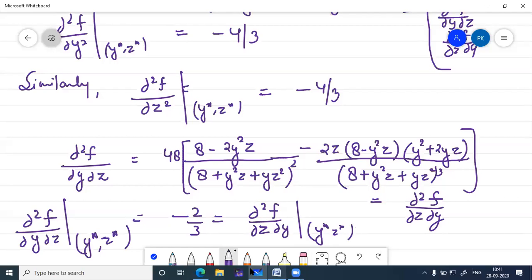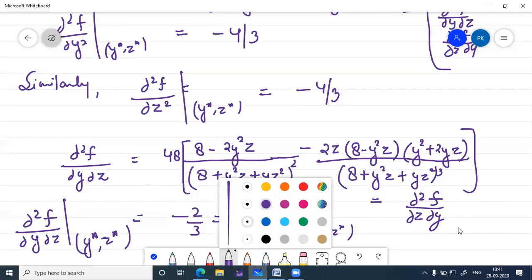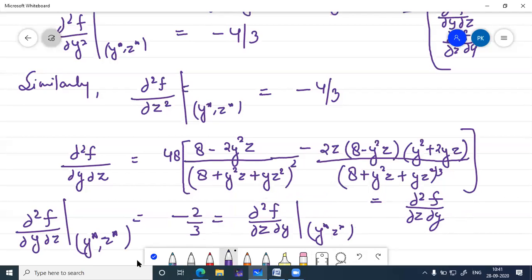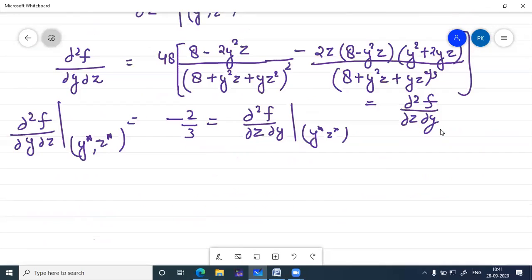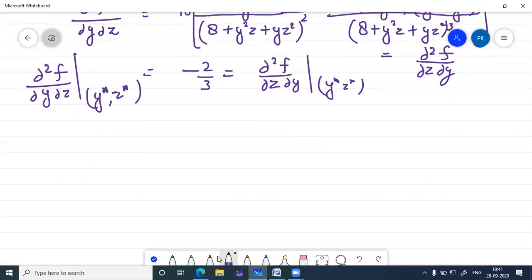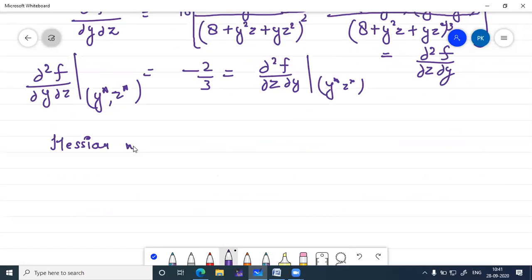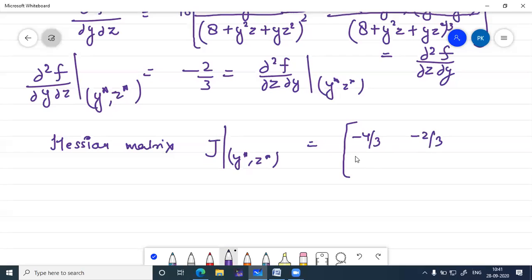Now the Hessian matrix, denoted by J, at y star z star is equal to minus 4/3, minus 2/3 and minus 2/3, minus 4/3.